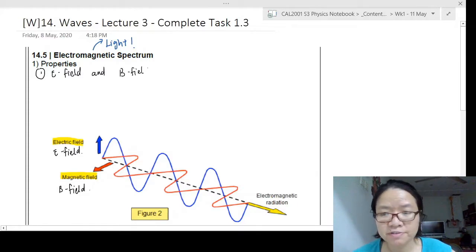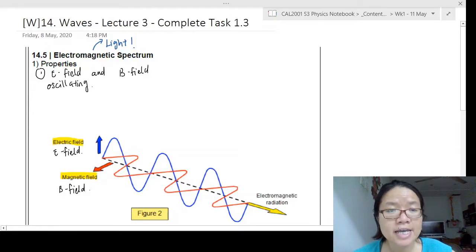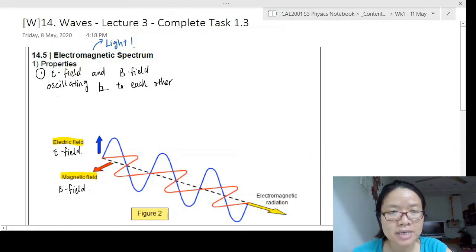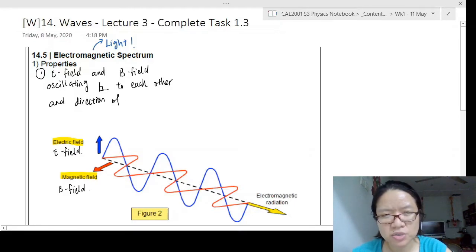So you have the electric field and magnetic field oscillating at 90 degrees to each other, and at the same time, they are perpendicular to the direction of the electromagnetic radiation.